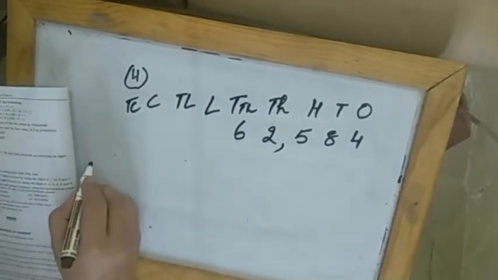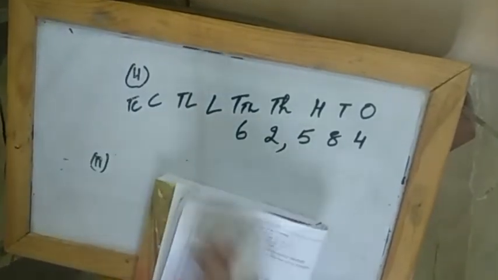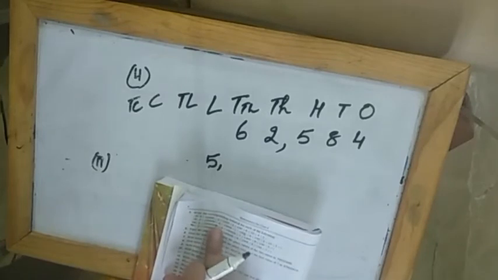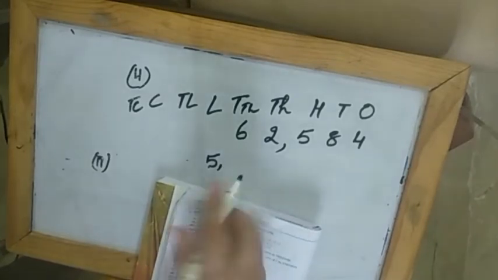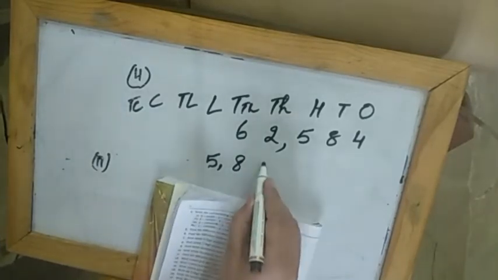Let me do one more example, the second part. The second part is 5 into lakhs, which means the place value of 5 is lakhs. So I will write 5 under the lakhs. Then they say 8 is 10,000, so I write 8 under 10,000. 1 into 1000 means 1 will come under 1000.